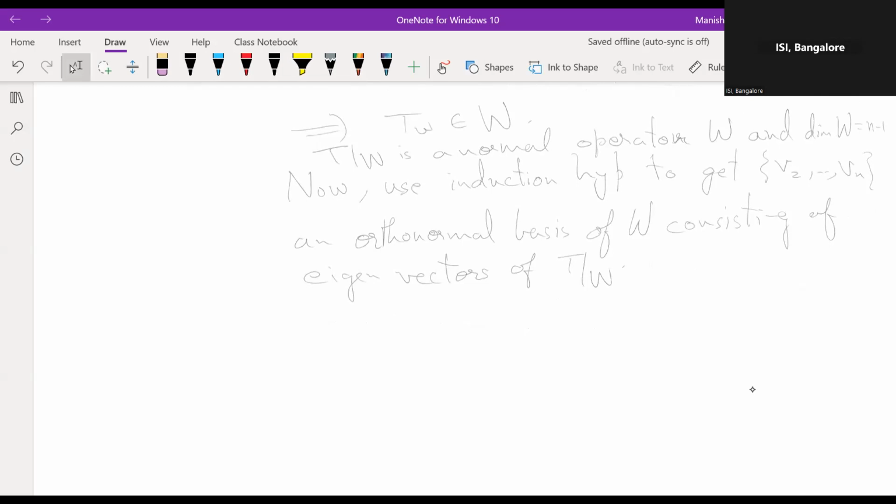Okay, so V1 to Vn is the required basis. So of course, V1 to Vn is also orthonormal, and it consists of eigenvectors of T. Is that fine?